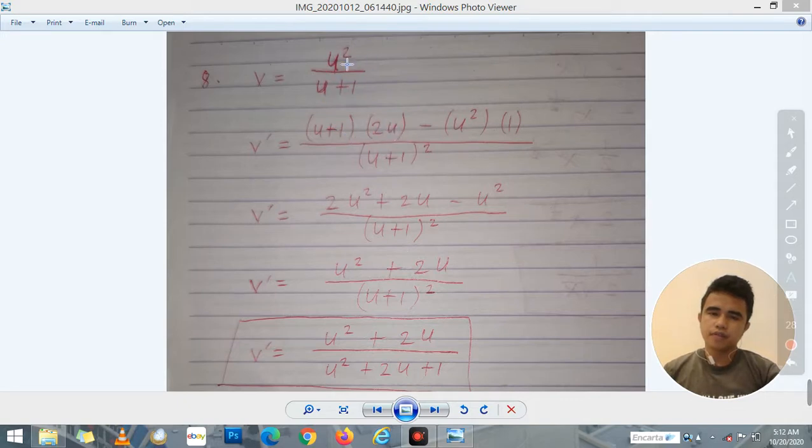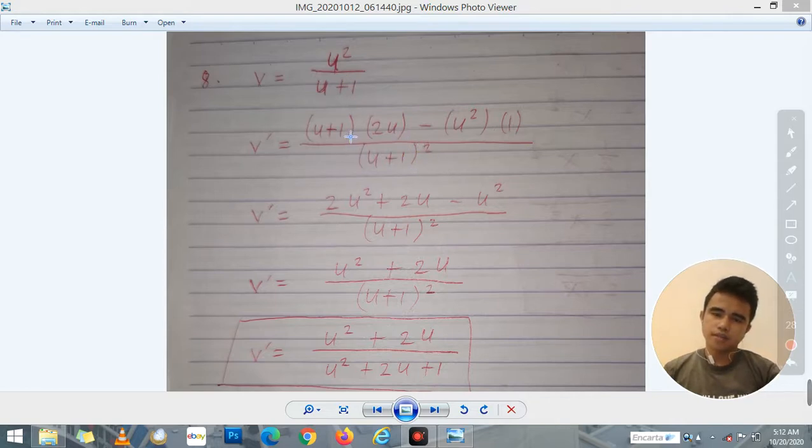The derivative of this is equal to 2u minus the numerator times the derivative of the denominator, which is equal to 1, all over denominator squared, u plus 1 squared.